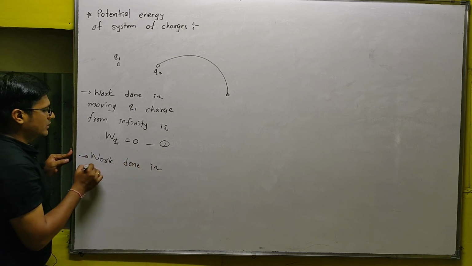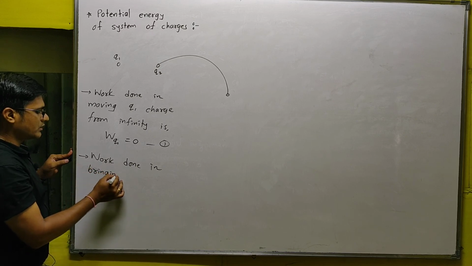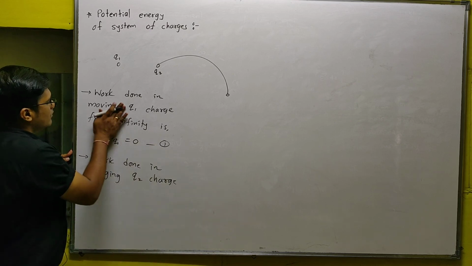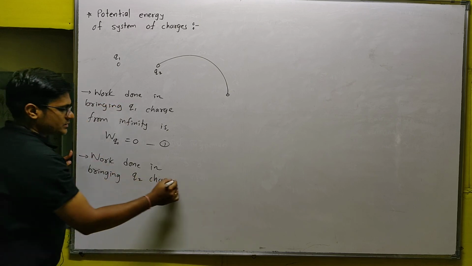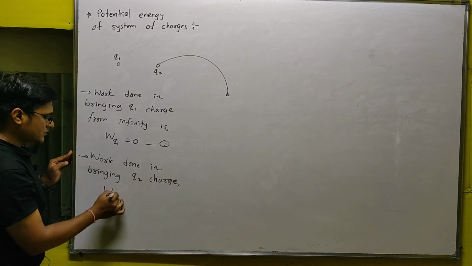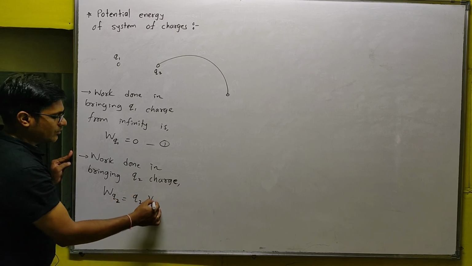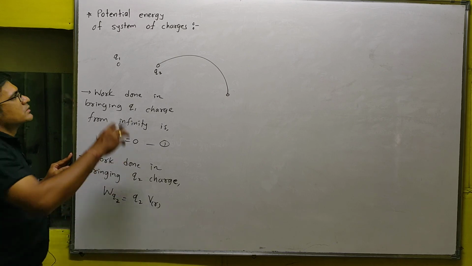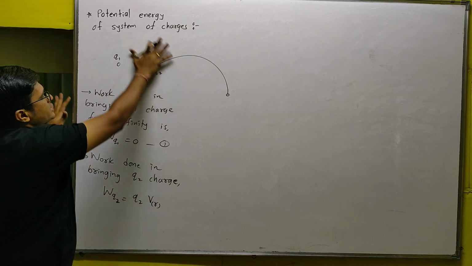Work done in bringing q2 charge is equal to the charge times the potential at that point, because now q1 charge is present here, so this will generate an electric field around it.